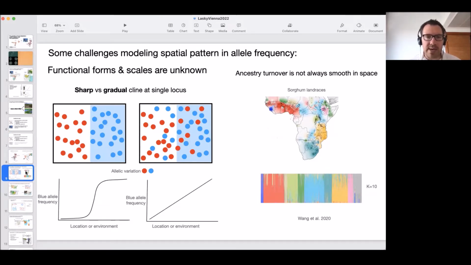If we're thinking about declines in allele frequency, either in space or on environmental gradients, they could be very sharp and nonlinear, or they may be more gradual and closer to linear. And we often find too that genome-wide, the ancestry turnover is not smooth in space, but it can be sharp in some regions, perhaps smoother in others. And so what we want is some analysis tool that is flexible to accommodate this variation.